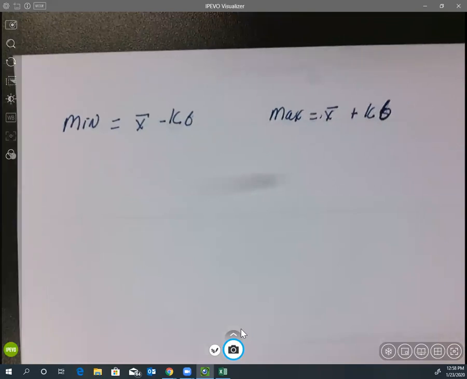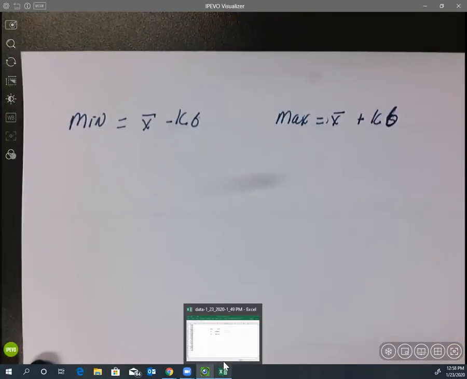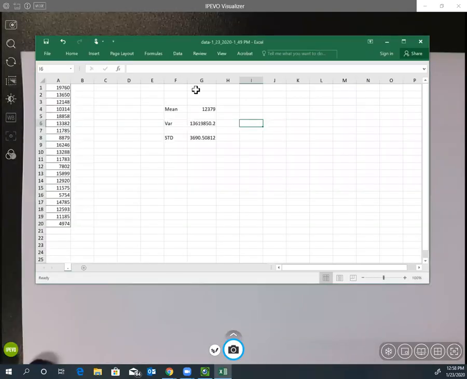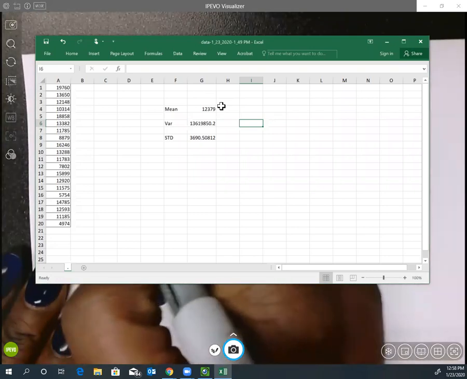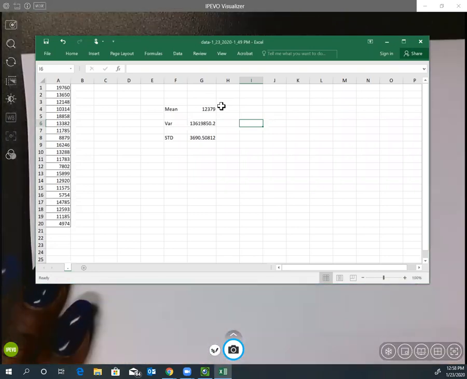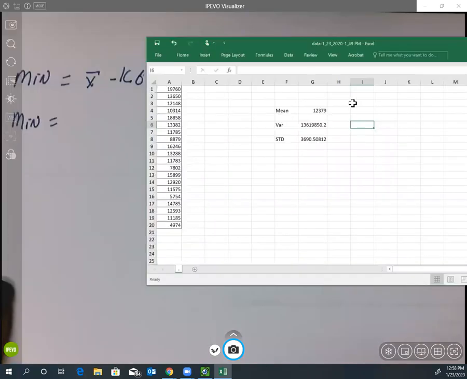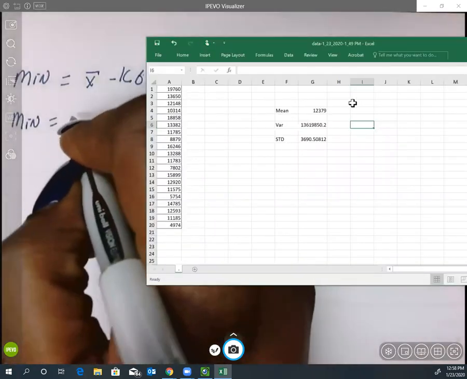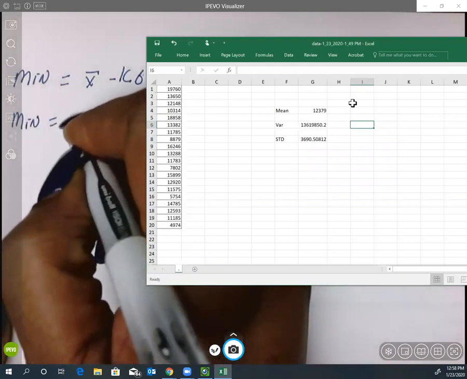Okay, so we need those two values. My x bar, if you go back to your Excel sheet, was 12,379.